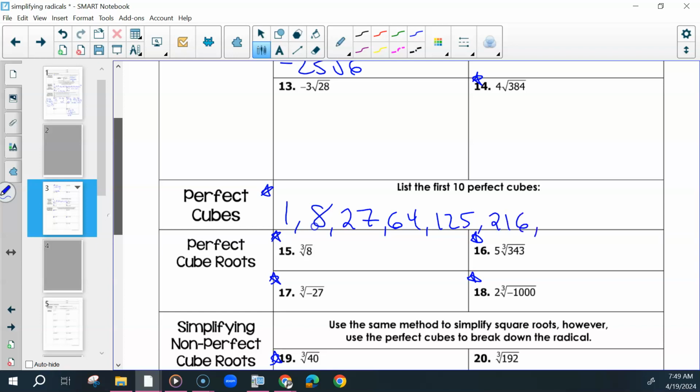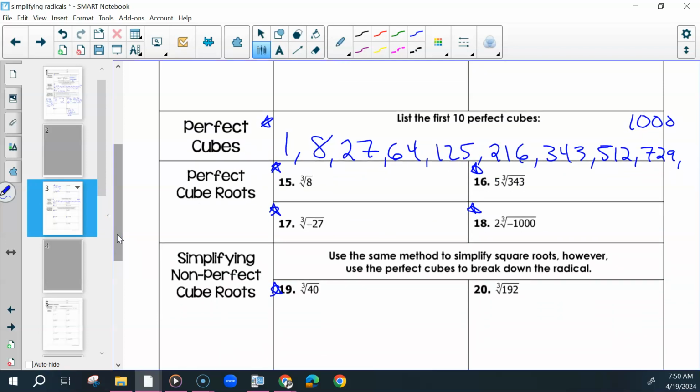7, 8, 9, and 10. So here you have to change your mindset because you want to do perfect squares because that's what you're used to, but you really have to think about your perfect cubes.